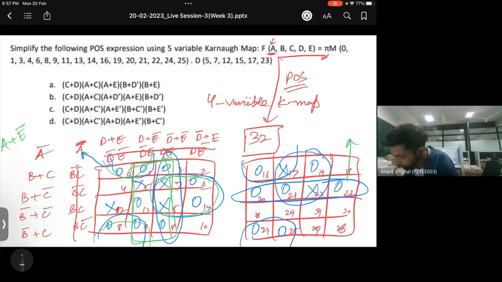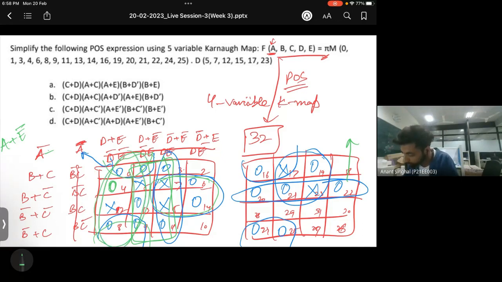0, 1, 3, 4, 6, 8. 0, 1, 3, 4. Okay, a zero is missing here. 6, 8, 9, 11, 13, 14, 16, 17, 19, 20, 21, 22, 24, 25. Okay. So because of that zero, this quad was missing.